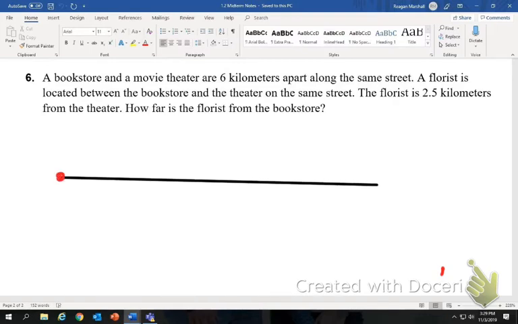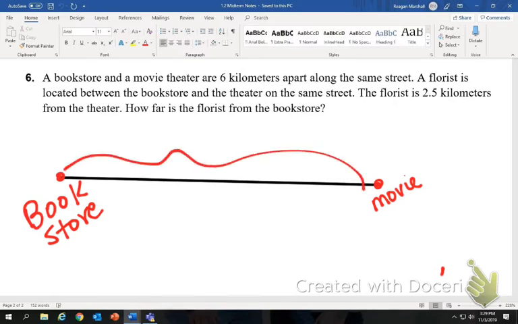It says a bookstore. We'll put the bookstore here. And a movie theater are 6 kilometers apart. A florist is located between them. It's located 2.5 kilometers from the theater.